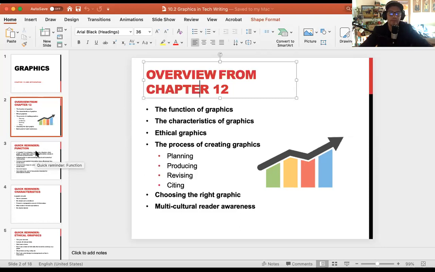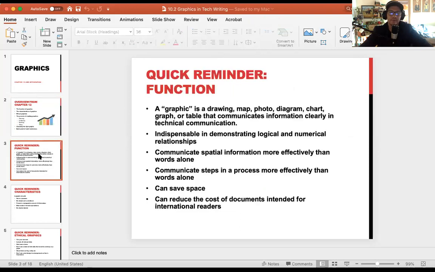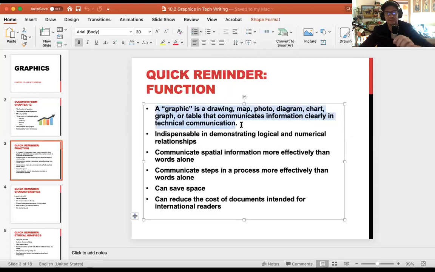Okay. So graphics, when we use the word graphic, this is a definition from our textbook. They're referencing these things: drawing, map, photo, diagram, chart, graph, table, things like that. For our research report, we use figures and tables, and we'll talk about what those are in a moment.